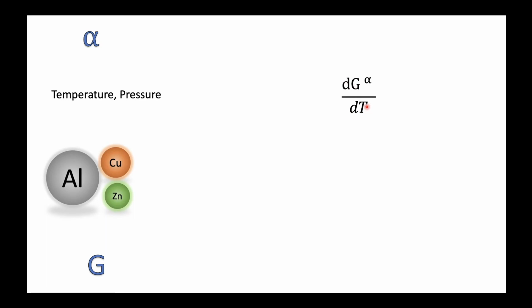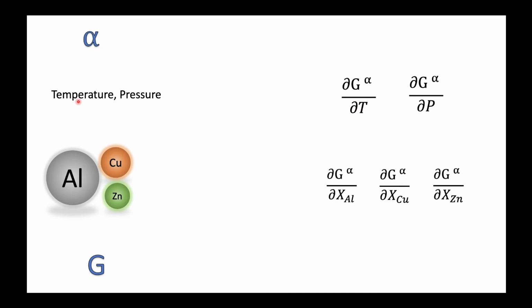But since we want to look at the change in G only with the change in temperature, we have to maintain the other things constant, and that we usually represent like this. Instead of d, we use a curly ∂. One way to think about it is that this is the potential of temperature to change G. Similarly, pressure will have a certain potential to change G, and also the amount of components will have a certain potential to change G.